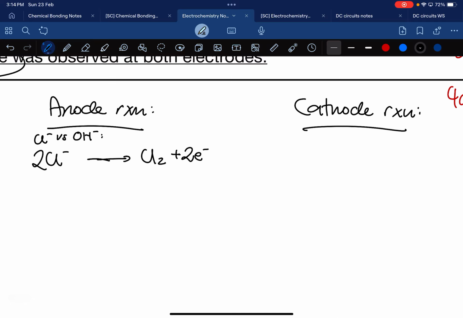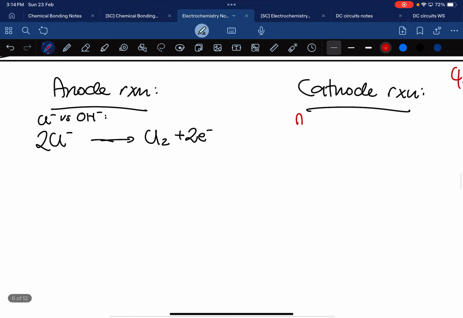For reduction, it's going to be Mg2 plus versus H plus. Kaylin, who wins? Hydrogen takes priority because it is less reactive, right?